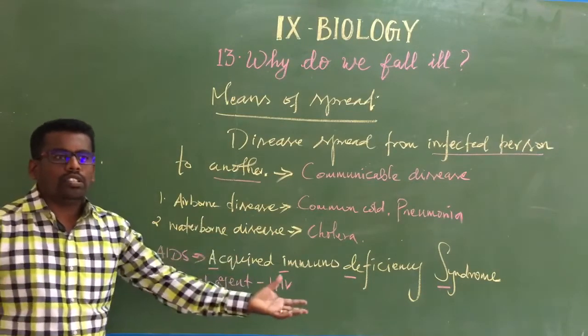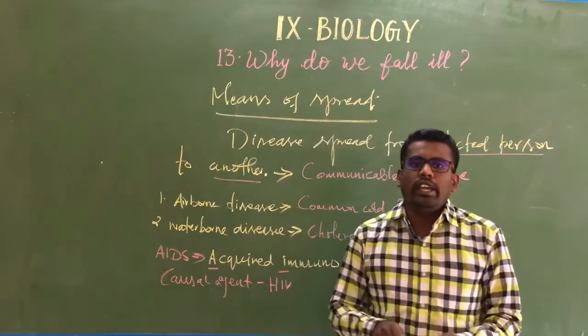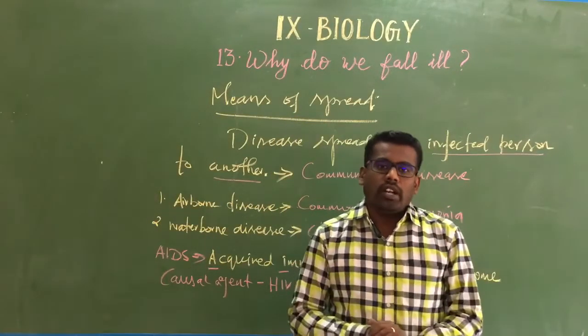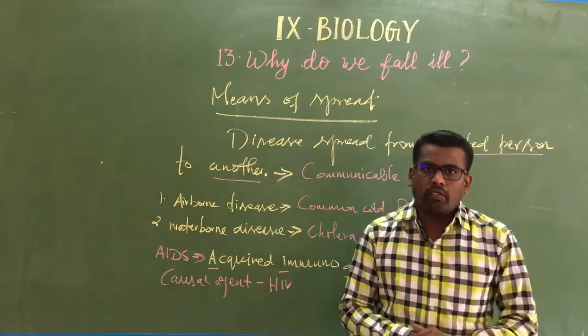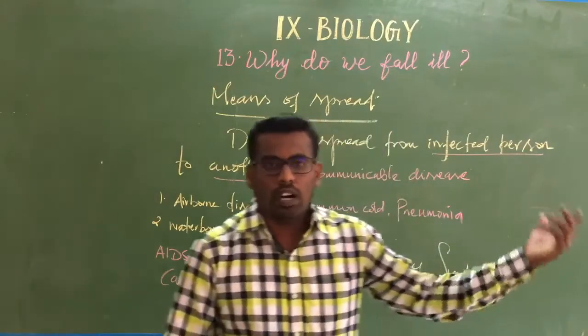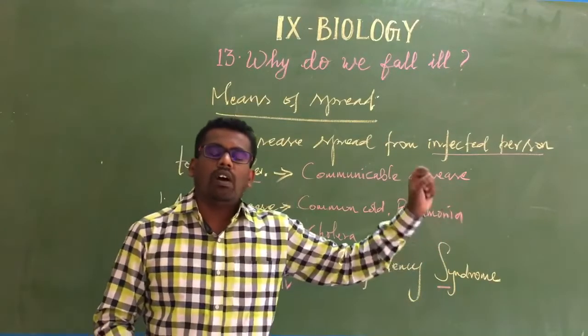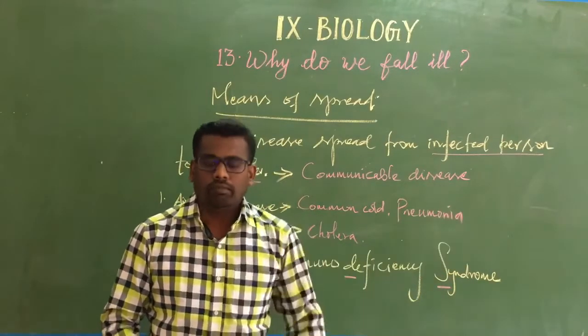How does AIDS transmit? The disease transmits through sexual contact, from one partner to another. If they have sexual contact through the sexual organ, the disease spreads.